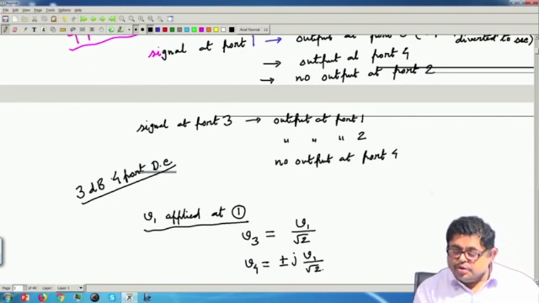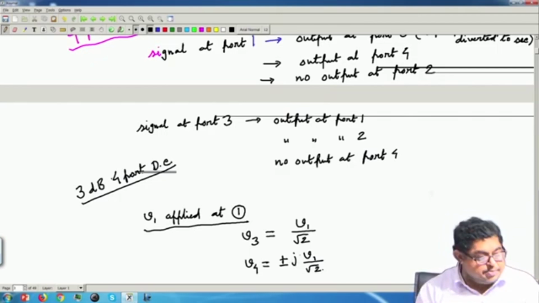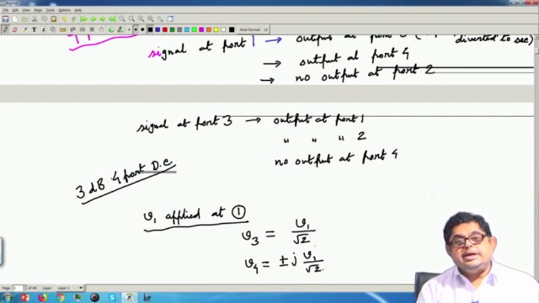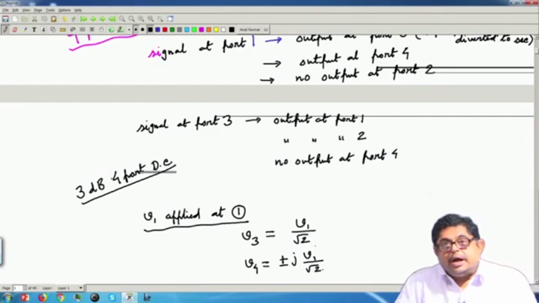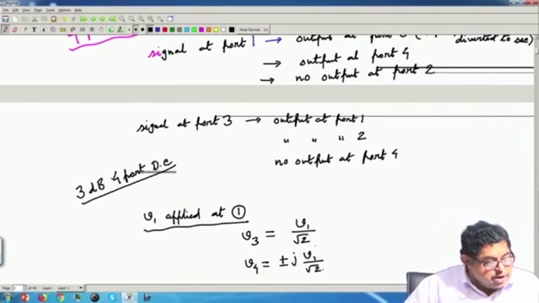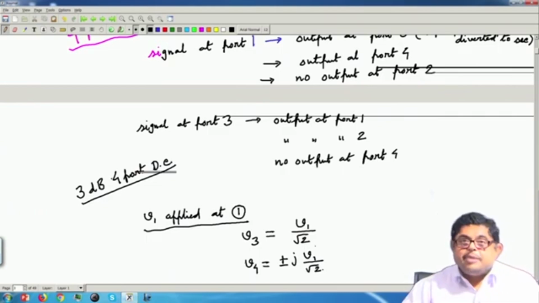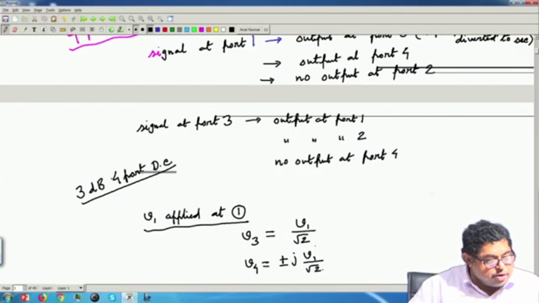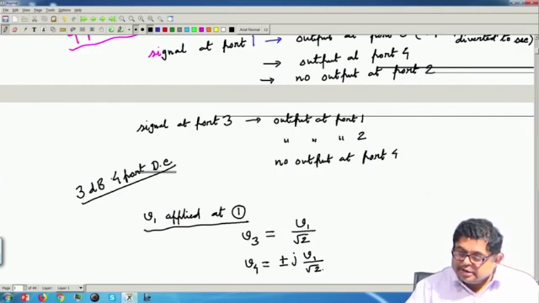Now, why am I saying plus or minus j? Because this depends on the construction of the coupler, as we earlier discussed that in case of hybrids you can have 0 degree or 90 degree, or plus j or minus j type of couplers. So, depending on construction of the coupler, you will have plus j or minus j.